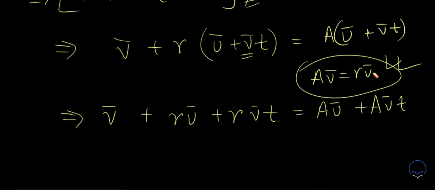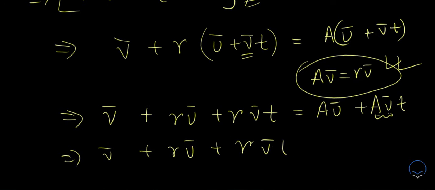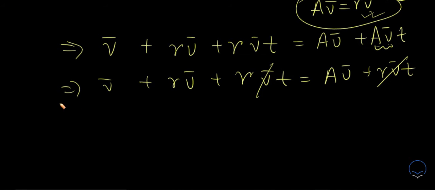And now we are going to use this to our advantage. Instead of A v bar, we are going to write r v bar. So again, we have v bar, r u bar, r v bar t, and you have A u bar, and instead of A v bar, now we are going to write r v bar from here, and these two terms cancel each other out. And finally what we can see is that A u bar minus r u bar equals v bar.